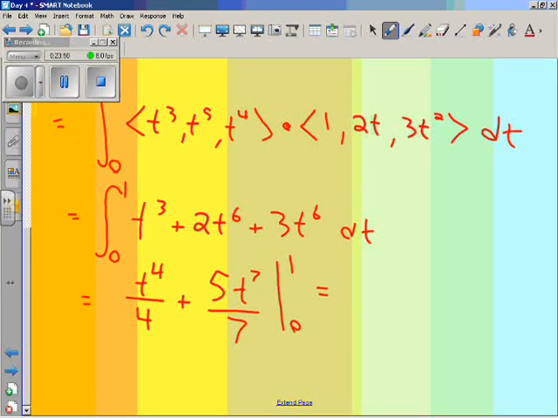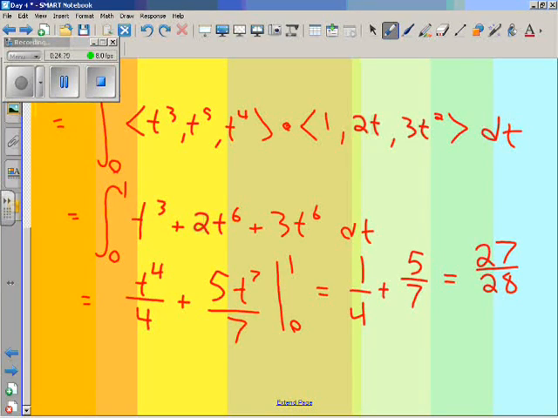So I think it's just going to be 1/4 plus 5/7, which is going to be 27 over 28. And so notice the last one was negative, which meant that vector field was doing negative work, and this one is positive, which means it was doing positive work.